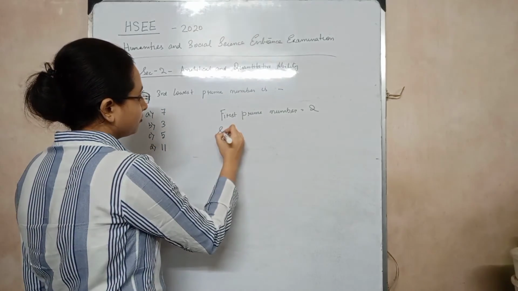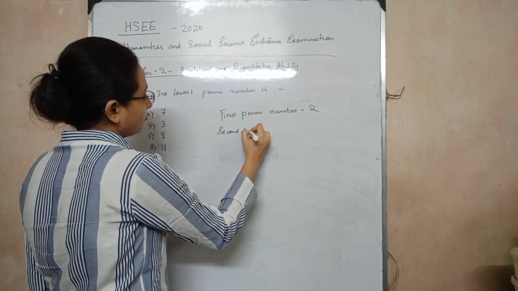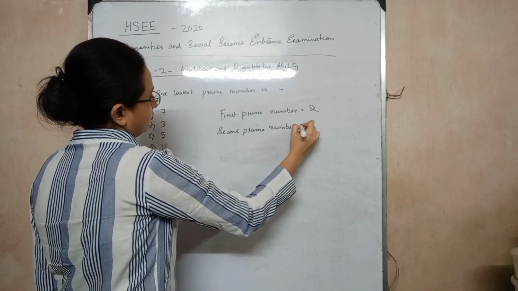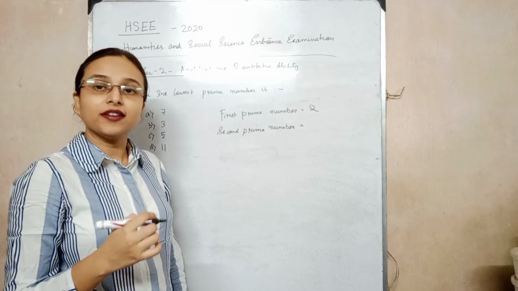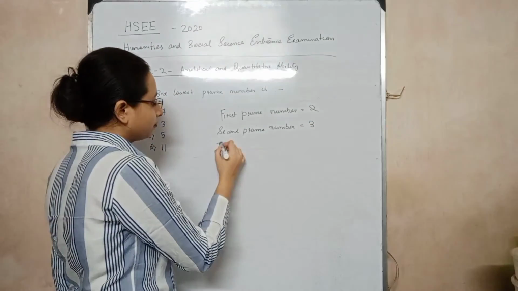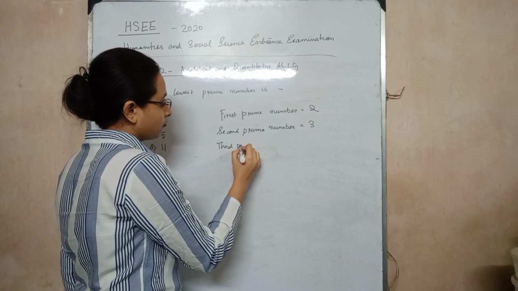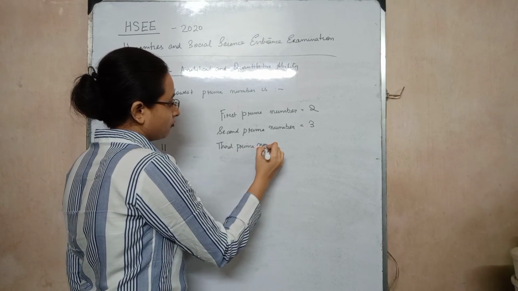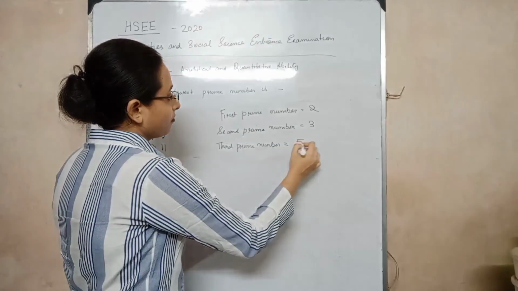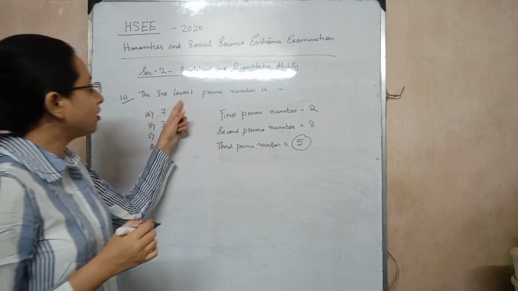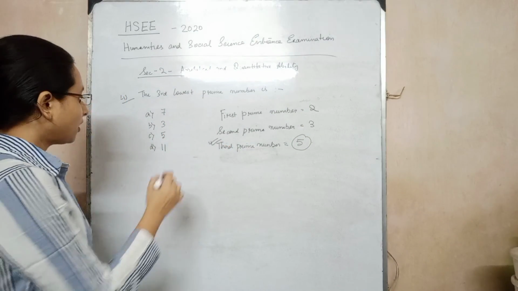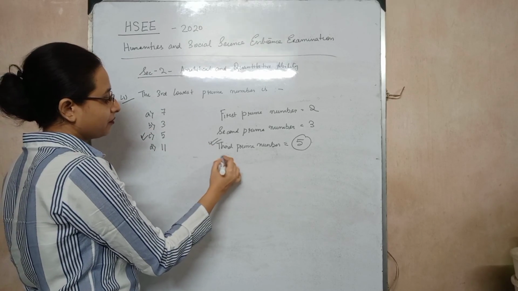Second prime number is 3. Next, the third prime number is 5. So the correct option, the third lowest prime number is 5. So the correct option is C, option number C. That is 5.